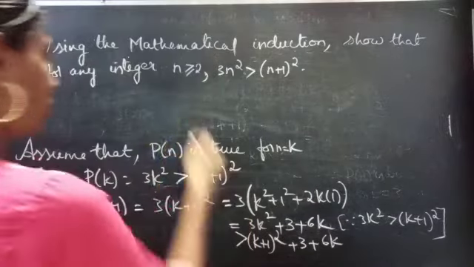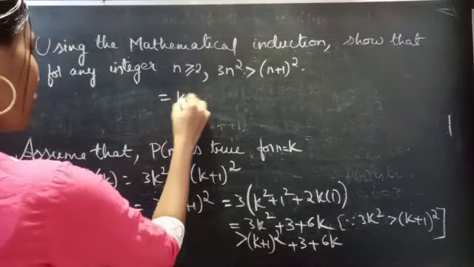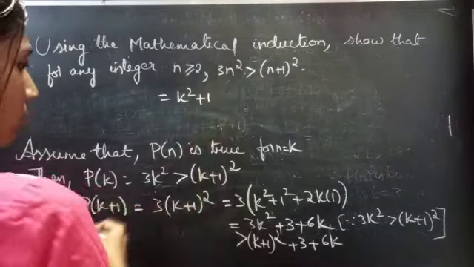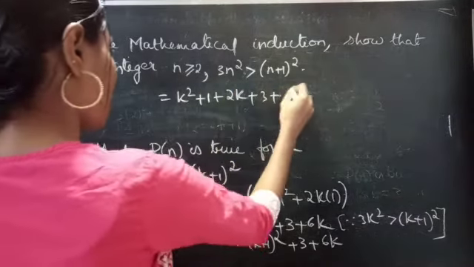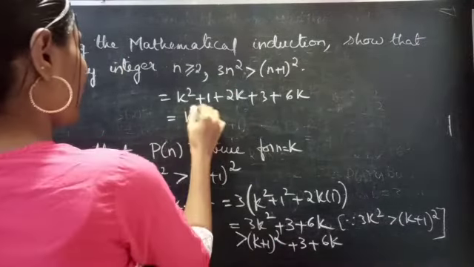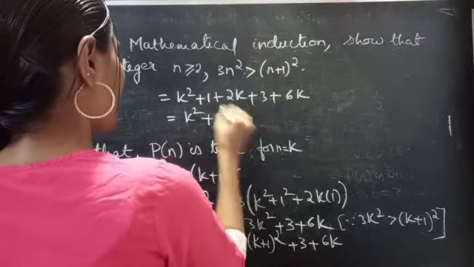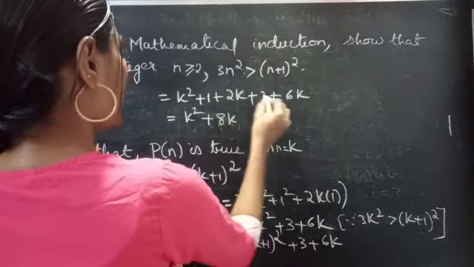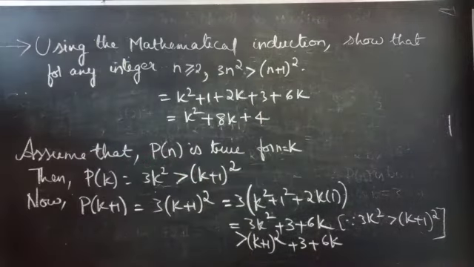This expression is equal to expanding k plus 1 whole square, that is k square plus 1 square is 1, plus 2k, plus 3 plus 6k, which is equal to k square plus 2k plus 6k is 8k, plus 1 plus 3 is 4.